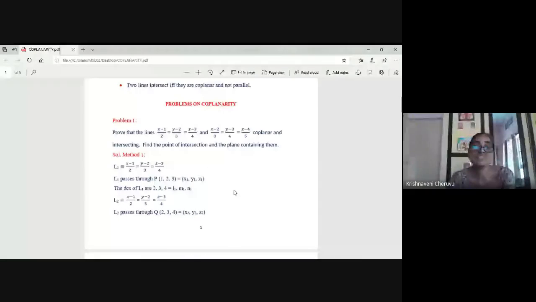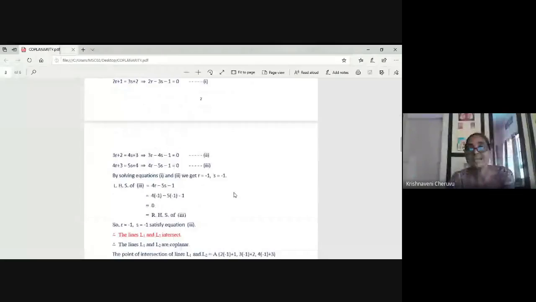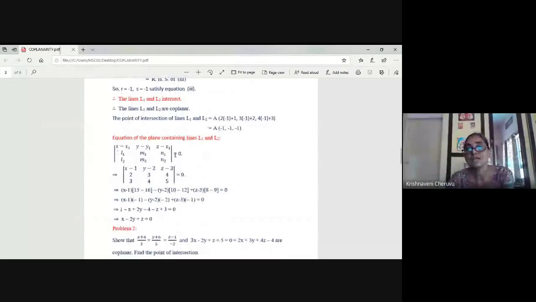In the previous section, I discussed the formula for the equation of the plane containing the lines. This is the formula, girls: determinant of x minus x1, y minus y1, z minus z1, L1, M1, N1, L2, M2, N2 is equal to 0. What you have to do is write this formula to find the equation of the plane containing both the lines. That means the lines are lying on this plane, so they are coplanar. So substitute x1, y1, z1.